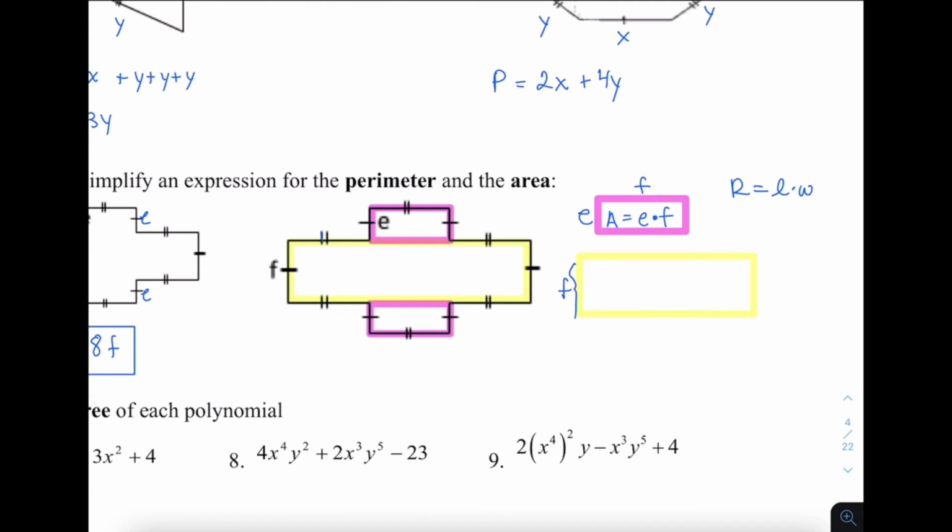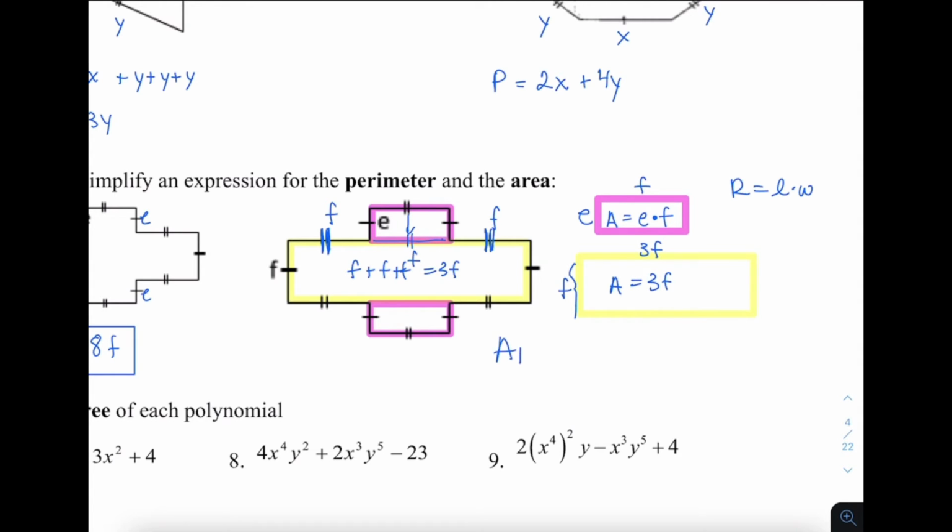I can see that here, this is length F. Here, this is length F. And actually here, because of this measurement, this is also length F. If I consider just that longer length, it will be F plus F plus F, which equals 3F.